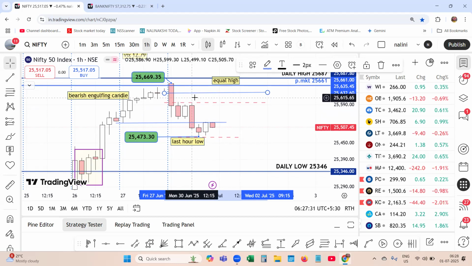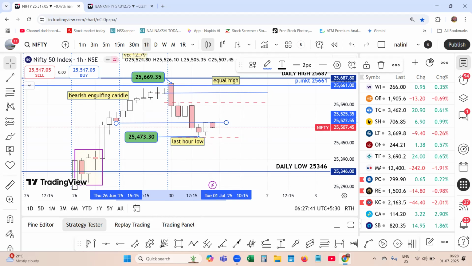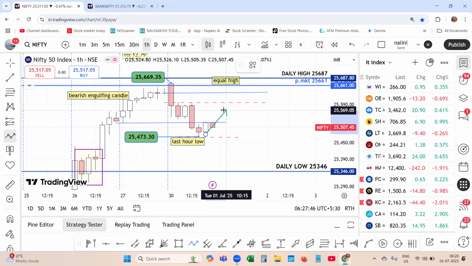Suppose the sellers want to sell at a high price, the market will try to move higher. Today, if it opens within this range and moves higher, it can seek liquidity.